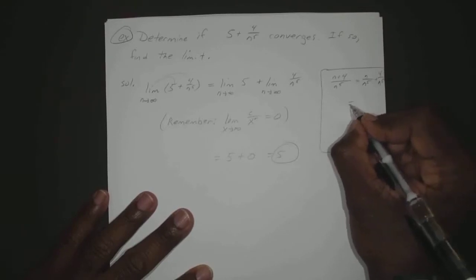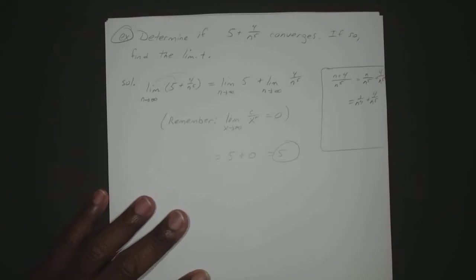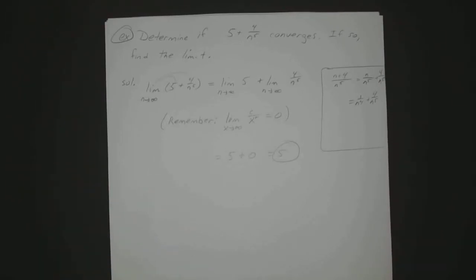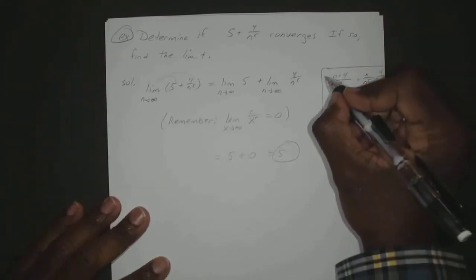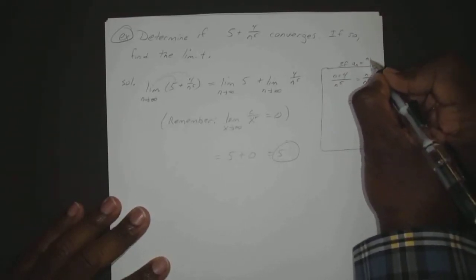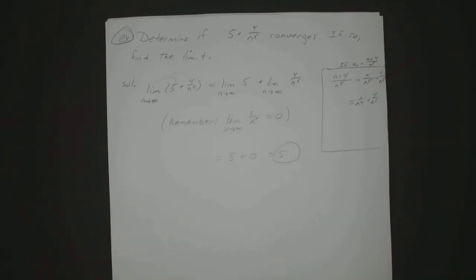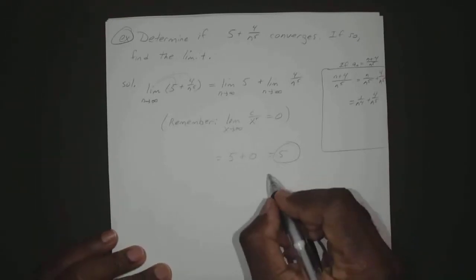Yep, because you have 1 over n to the fourth, so both of those go to 0. I misunderstood your question. All right. Any other questions on this one? Okay, so this is just an extra example, n plus 4 over n to the fifth, so hopefully no one thinks that's part of the question. So this converges to 5, right? Yep, this one converges to 5.